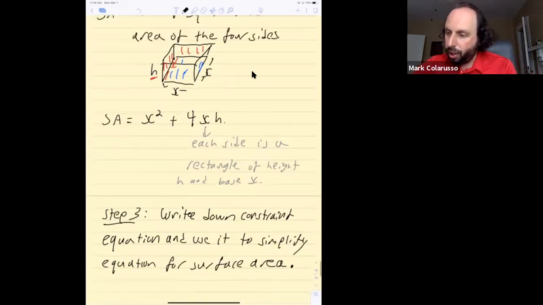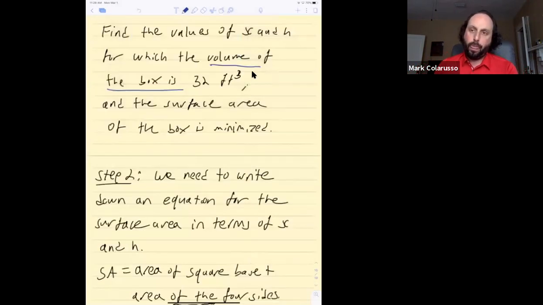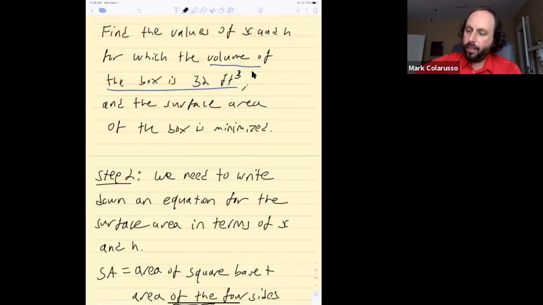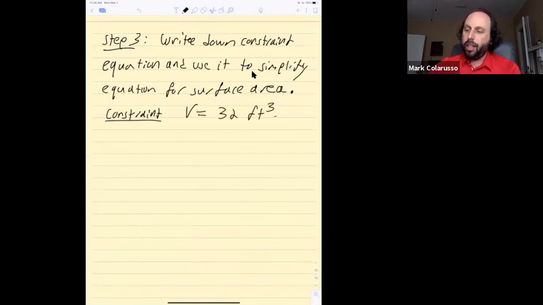Okay, so now what was the constraint? The constraint was the volume, right? The volume of the box had to be 32 cubic feet. So the constraint is that the volume, which I'll call V, is 32 cubic feet. Now we need an equation for the volume of the box.